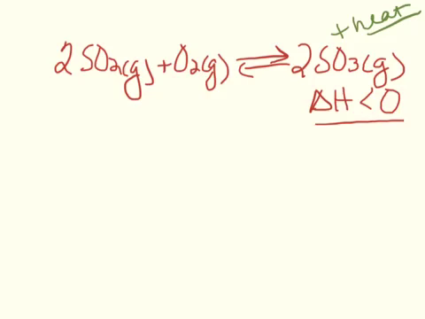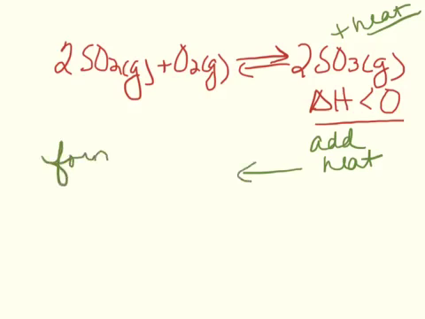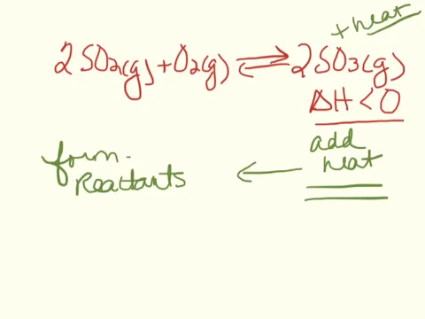And then if heat were added to the system, just as adding any product to the system would cause the equilibrium to shift in the direction of formation of reactants. Just remember, the only thing that can change the value of K is heat.